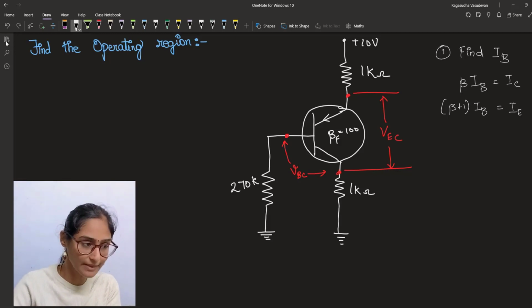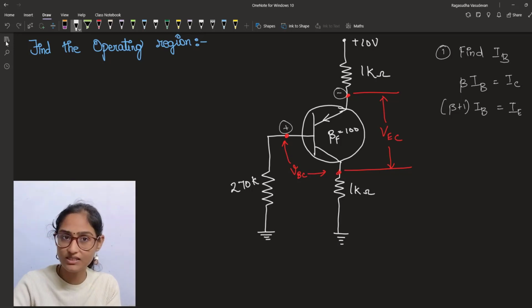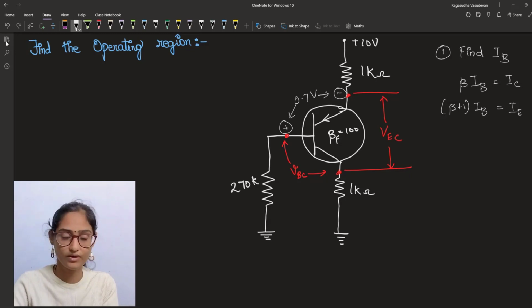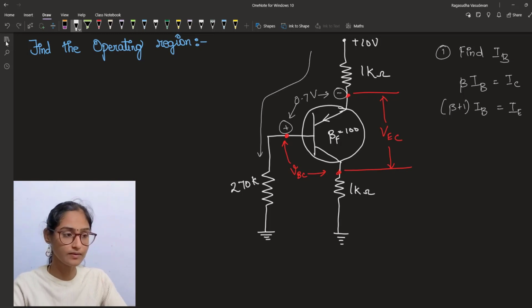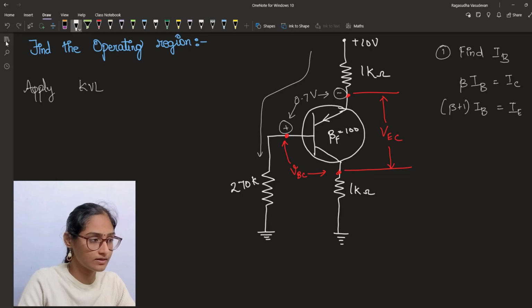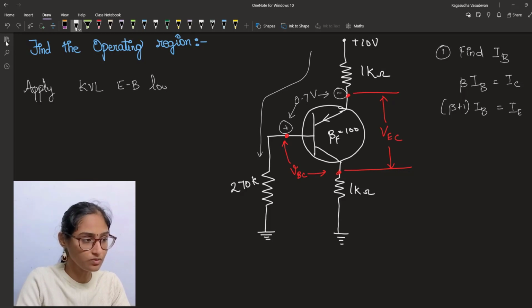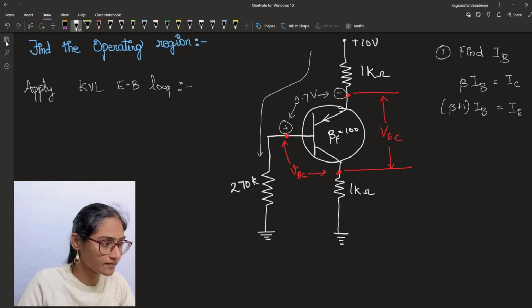So between the P and the N of the base and emitter region, this voltage is 0.7 volt. First thing we are going to do is apply Kirchhoff's law in this loop. Applying KVL in the emitter base loop, what will we get?